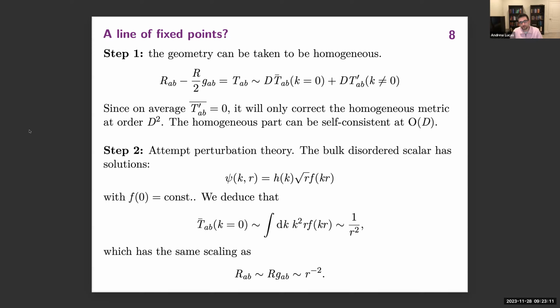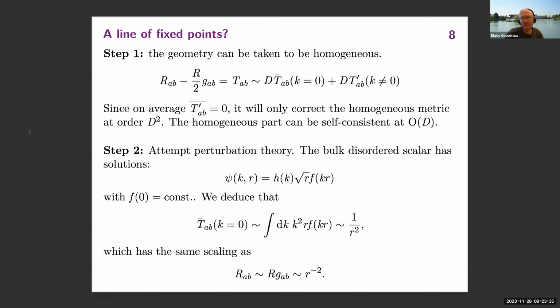I was wondering, you're going to do some perturbation in d. Shouldn't we worry that at some point there's some non-commuting order of limits between d and the radial coordinates? Basically, that at some point you get past the radius of convergence of your series in d, such that, in fact, you can't assume that the homogeneous part is sufficient.